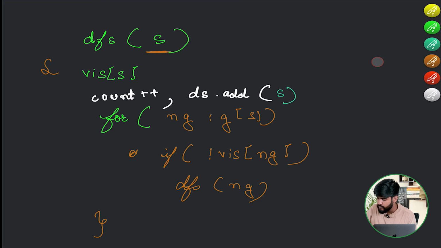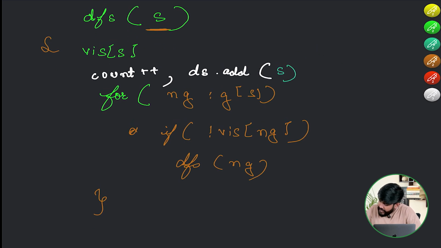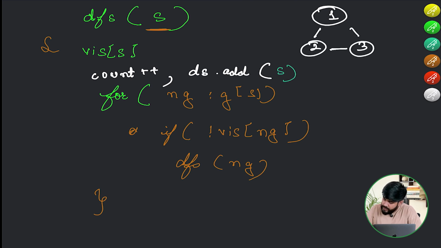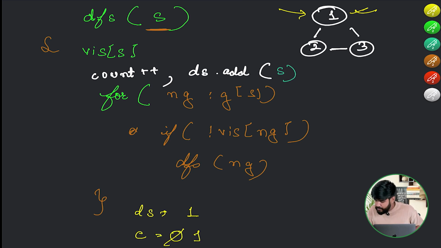Now let us see how this would work. Now this is very important. The dry run is extremely important. So now if I have the value as 1, the value as 2, and the value as 3. Now what we would do is, we started a DFS from S, we marked it visited, and then we inserted S into that data structure DS, and the count which was initially passed as 0 is incremented by 1. Then this one told me that I have one neighbor which is not visited.